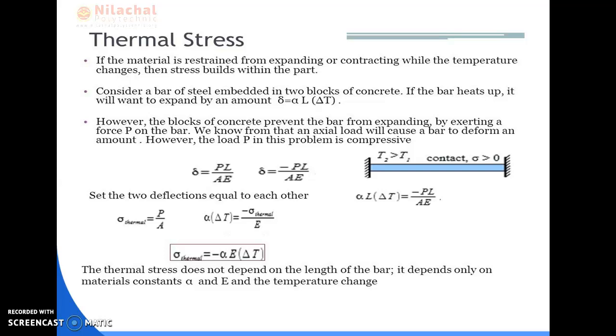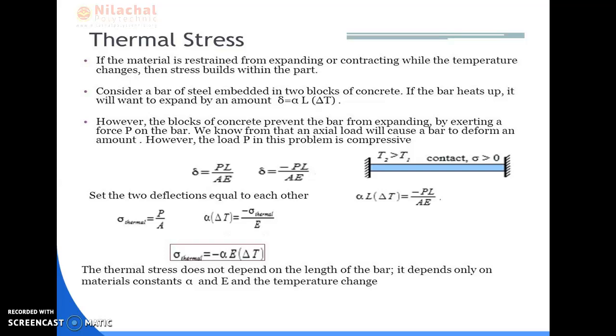It is observed that if the material is free and we apply heating, free expansion of the bar takes place, but there will be no stress caused inside the material.